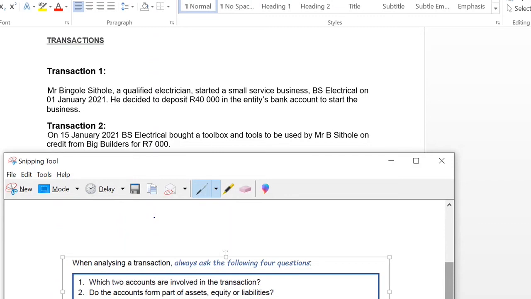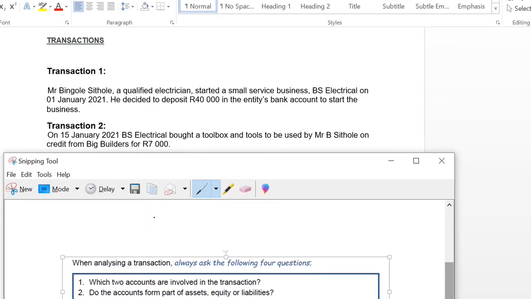this is an electrical company. So the owner of the business bought toolbox and tools to be used for him to perform his work, for him to generate revenue.